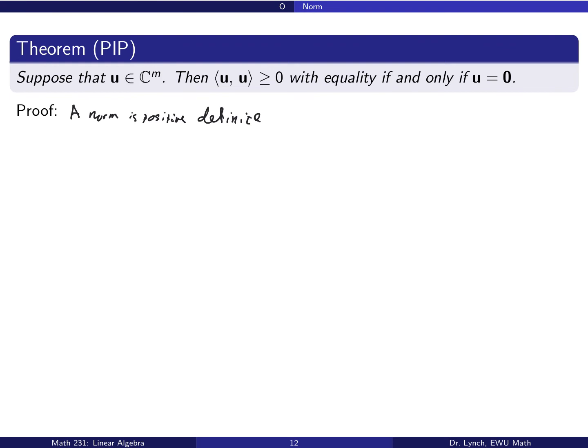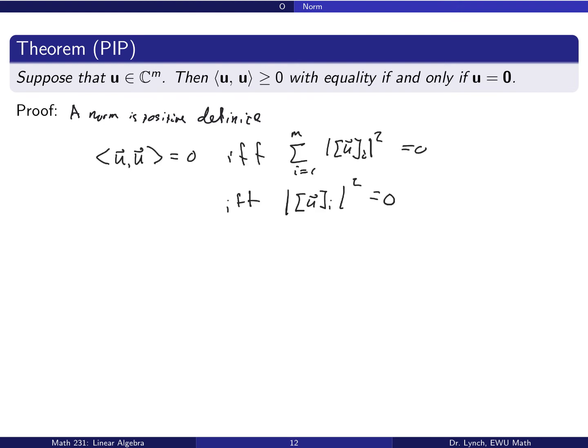We'll see this later, but for now, let's just go through the proof. The inner product of a vector with itself is 0 if and only if, by definition, the sum of those moduluses squared is 0. Now this can only be true if each individual element of the vector u is 0. If each element squared is 0, then each element has to be 0, and if each element is 0, then u is the 0 vector.